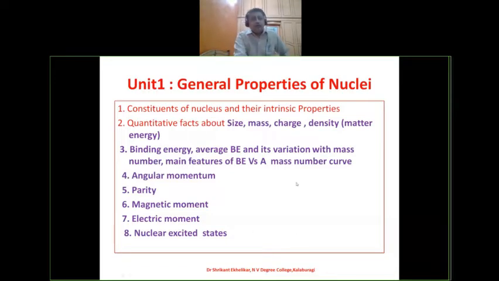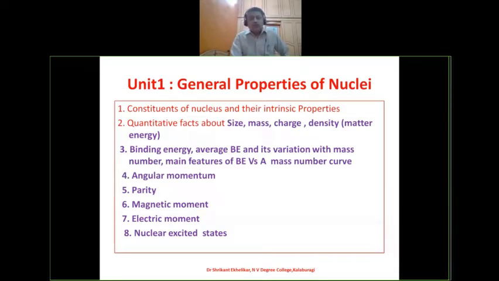And we have also tried to understand the quantitative facts about properties of nucleus, that is size and mass. So two things we tried to understand yesterday. We tried to know about the size of the nucleus and the mass of the nucleus, and in turn we understood mass defect.